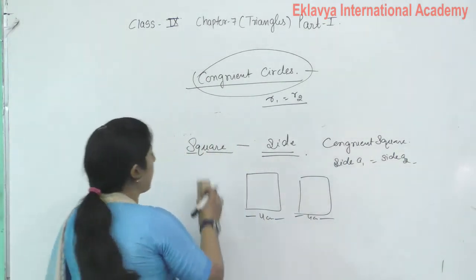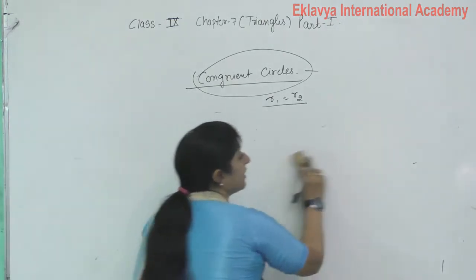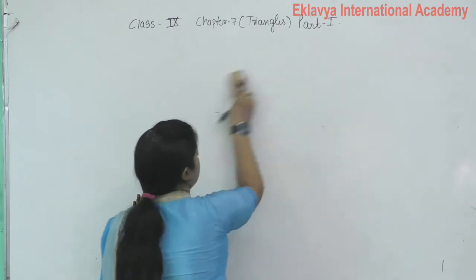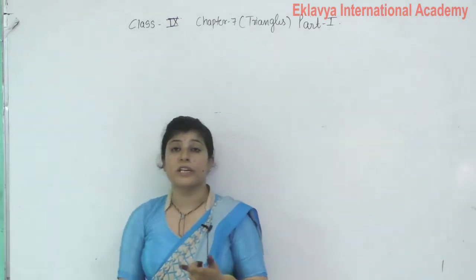Now we will talk about triangles in this chapter. Mainly we will discuss only triangles here. In triangles there are some rules to prove congruency.